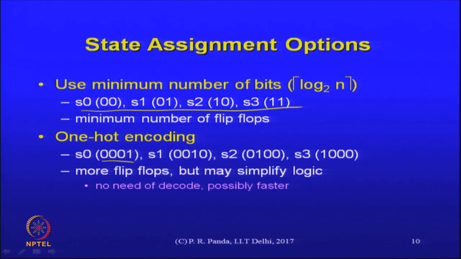So, this leads to more flip flops, right. For this example, it is 4 flip flops instead of 2, but it actually might simplify the logic. We just talked about it in the PLA context, but it may simplify logic.